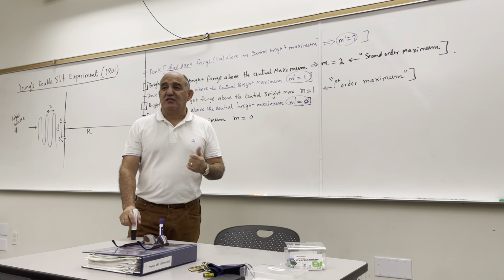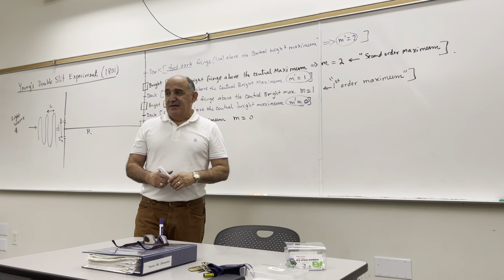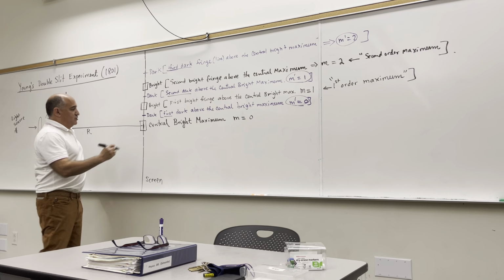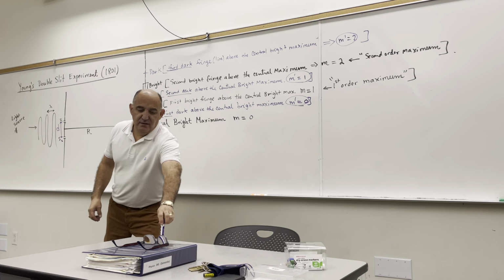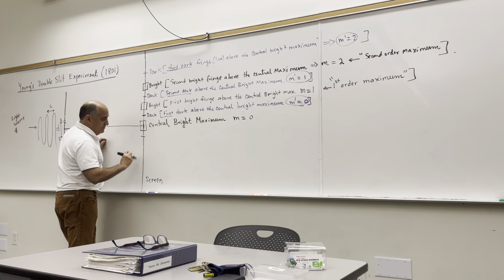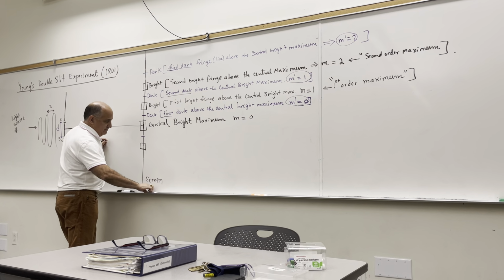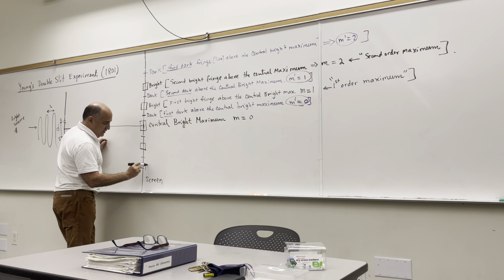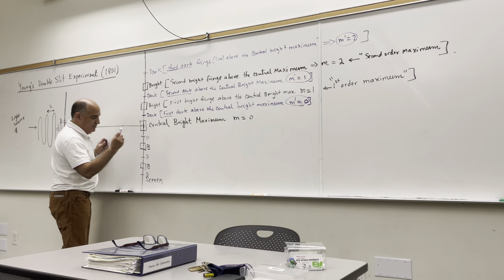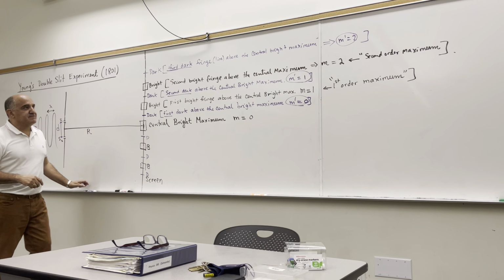These problems tend to be very easy because you're going to get a symmetric pattern above the central bright. You're going to get a dark, bright, dark, bright, dark, and so on. It'll be symmetric.